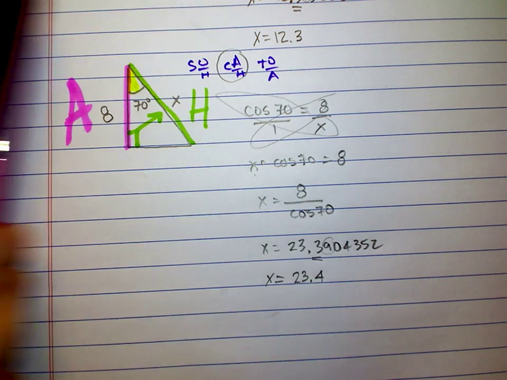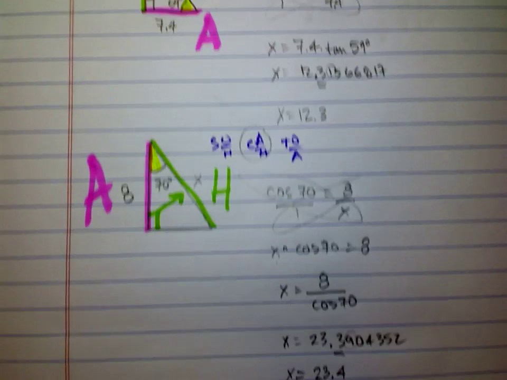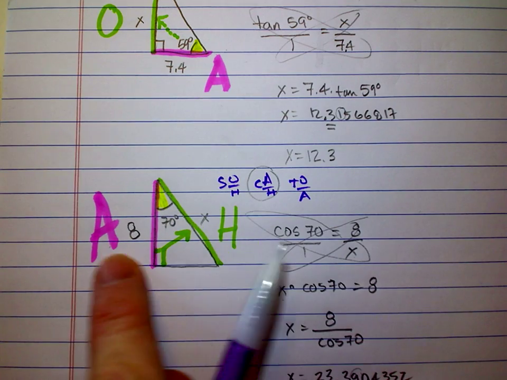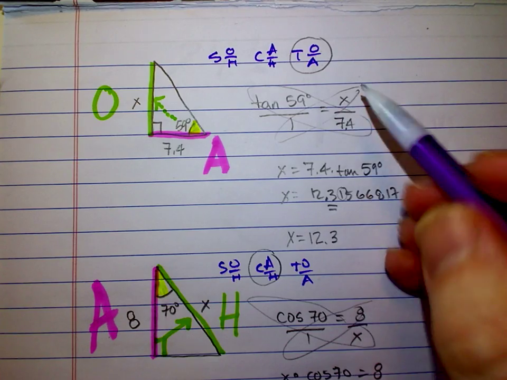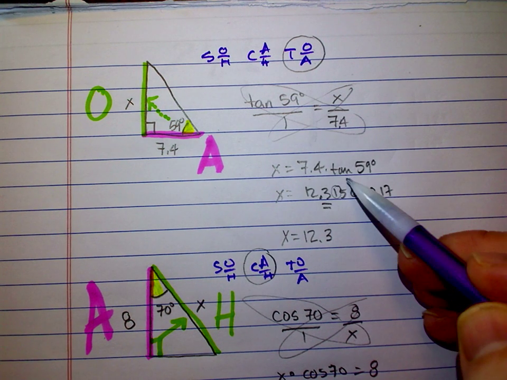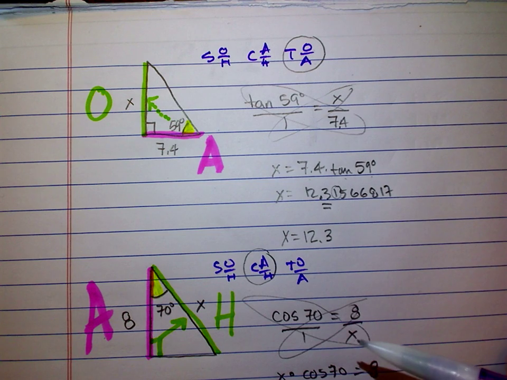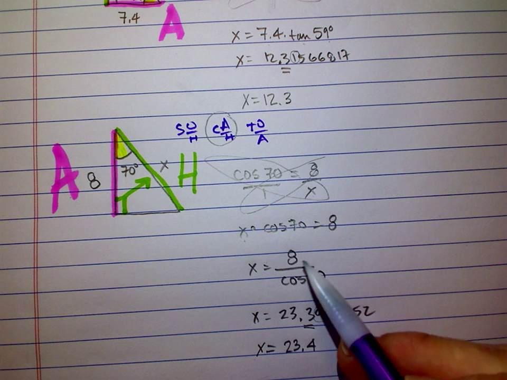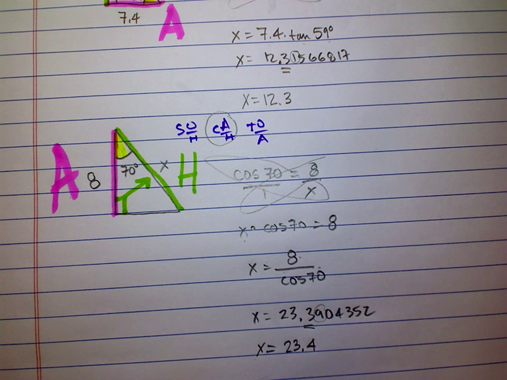So those are some quick examples. One using tangent, one using cosine, one where when we do our cross products, we end up multiplying the trig ratio times a number. And one, when we do our cross products, the result ends up being a number divided by our trig ratio.